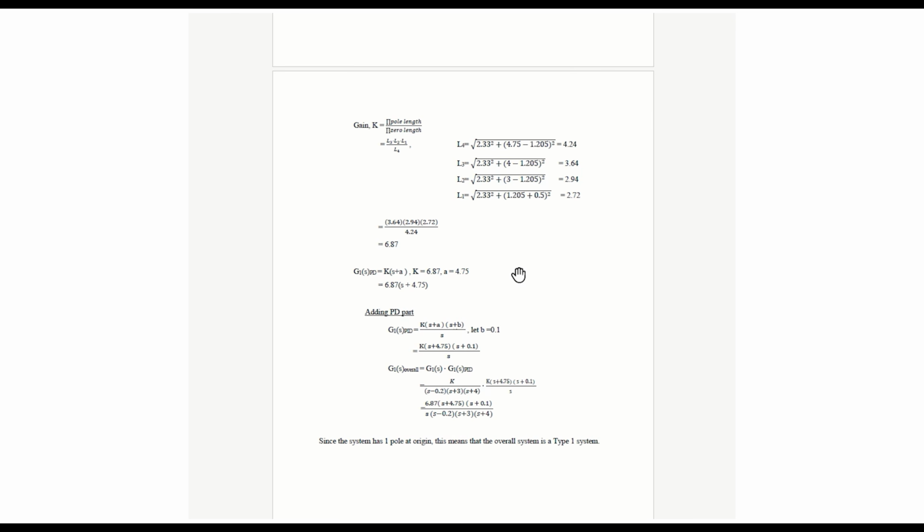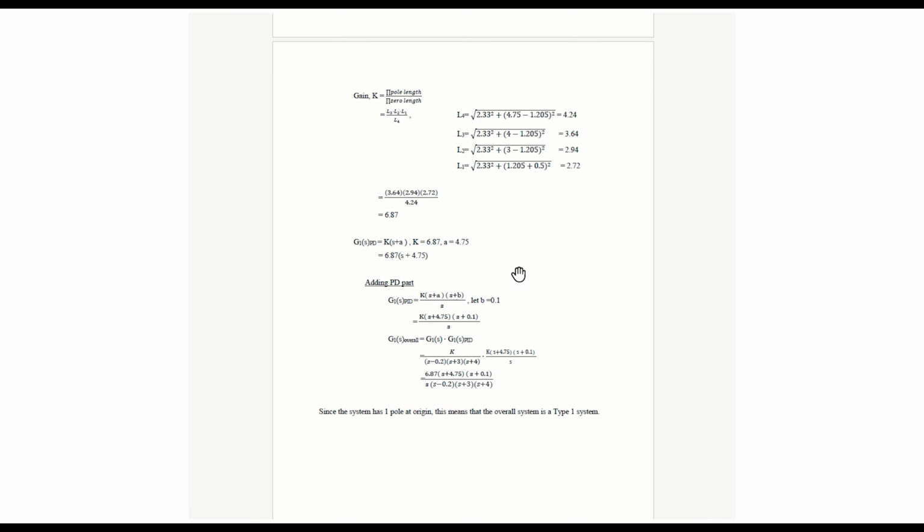So we have only done the PD part, and now we have to add the PI part. The equation of the PI part is (s + b) over s. The procedure for the PI part is first we put a zero closest to the origin, but not at the origin.